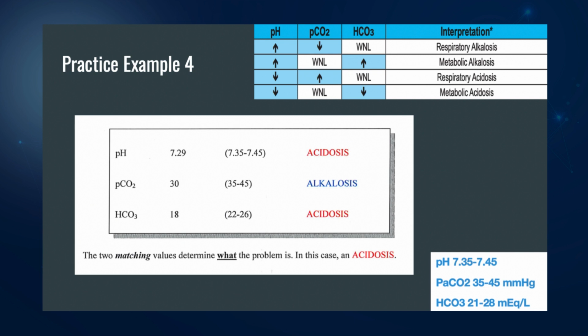So the answer is going to be either respiratory acidosis or metabolic acidosis. So look at the last two rows. And then let's look at the partial pressure of carbon dioxide, which is 30.